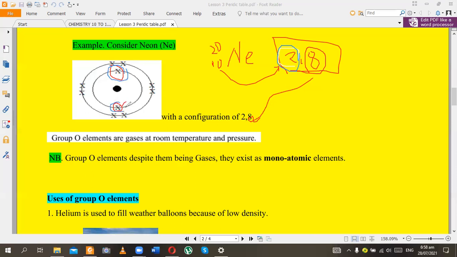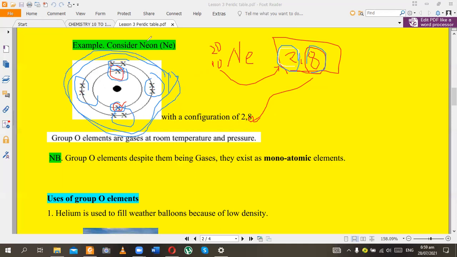Then after that, we have these ones, 2, 4, 6, and 8. These 8 are the ones that are here. Even if we had to put another shell outside here, you find that we only had 10 electrons, and those 10 are already used up. So you cannot put anything in the last shell. Because of this, they are chemically unreactive.